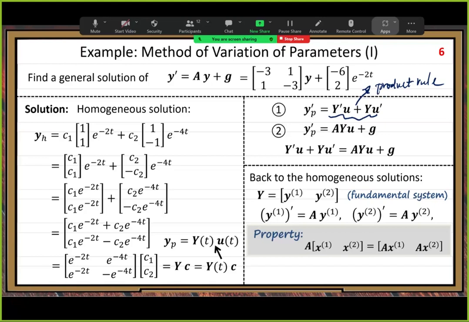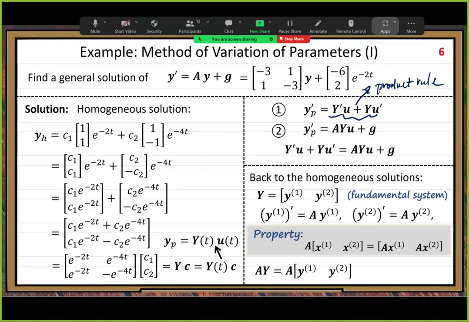Now, with this property, let's put these two solutions together. First, A times Y, based on this property, we use the Y vectors y sup 1, y sup 2, replacing the X vectors by the Y vectors.